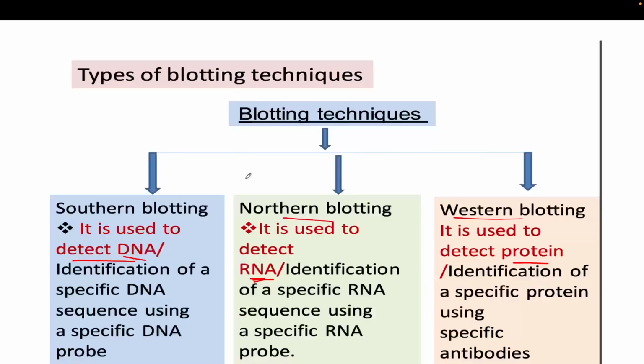So these are the three types of blotting techniques: southern blotting, northern blotting, and western blotting. Southern blotting is generally used to identify DNA, northern blotting is used to identify RNA, and western blotting is used to identify protein. Another thing is this technique is generally used just to identify whether your sequence, protein or nucleic acid is present in the mixture of sample or not.